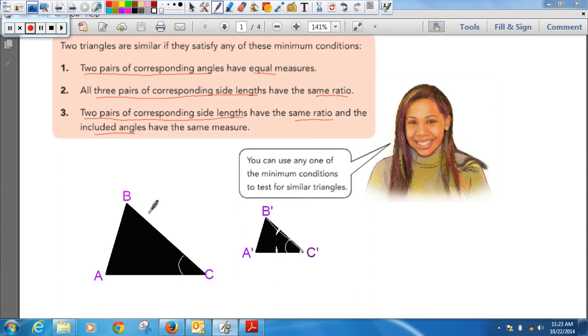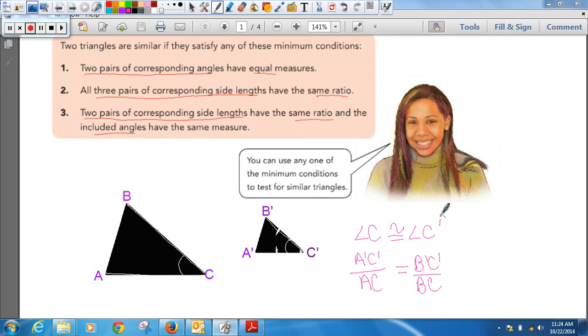That's the angle I'm talking about. Over here, my sides would be BC and AC. So I would have to know the following. I know that angle C is congruent to angle C prime. And I would have to know that the ratios of the side lengths are also the same. So A prime C prime over AC is equal to B prime C prime over BC.